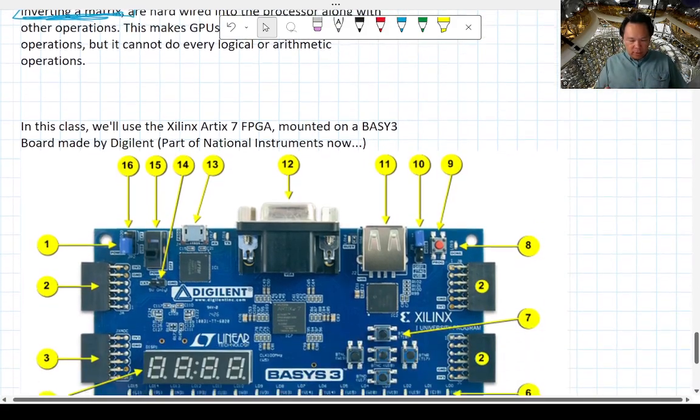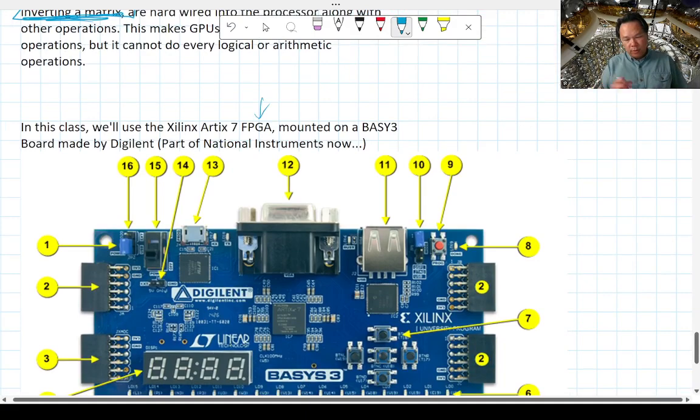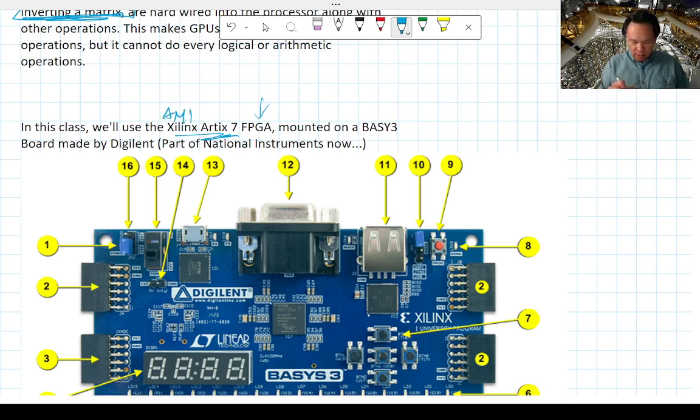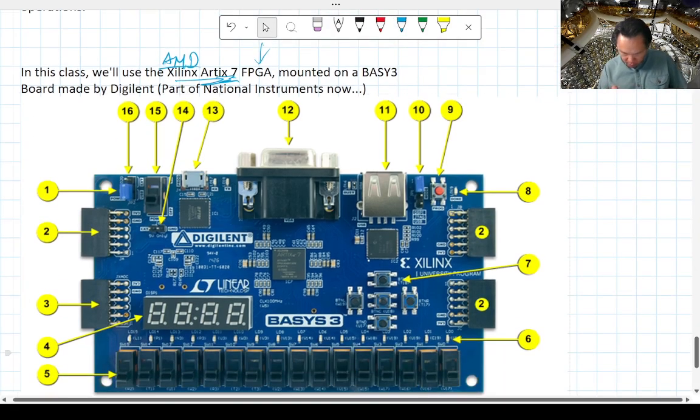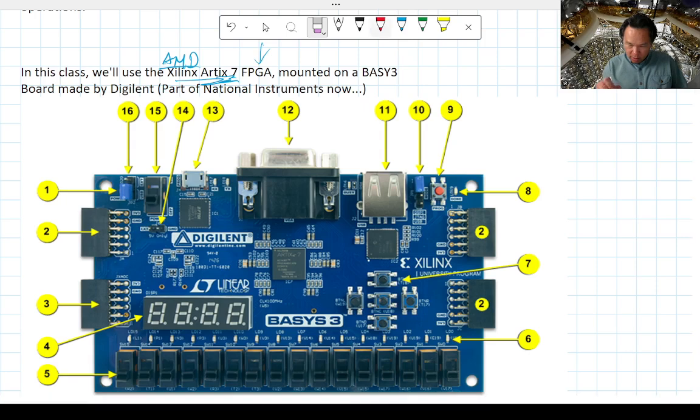But in this class, what we're going to do is the general version, which is an FPGA. Specifically, the one we're going to use is from Xilinx, which is actually owned by AMD. It's the Artix-7 chip, which is this one right here in the middle. That's this little central chip.